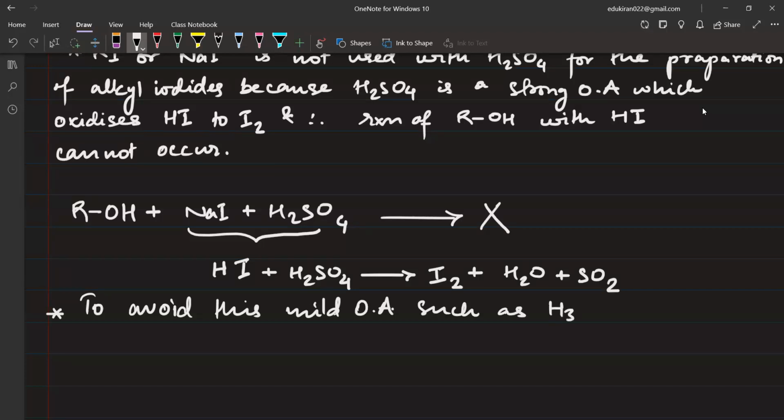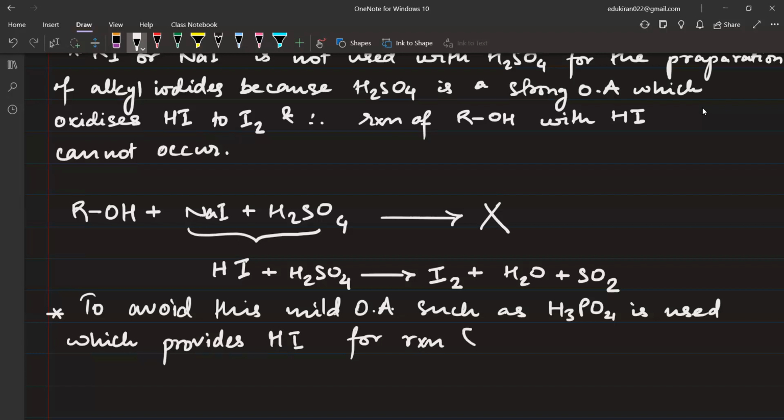It provides HI for the reaction and forms alkyl iodide with alcohol.